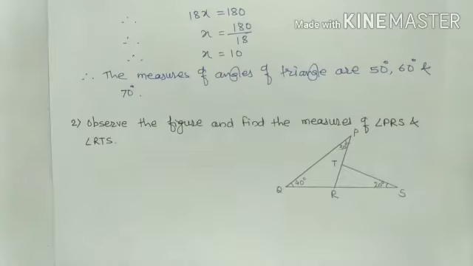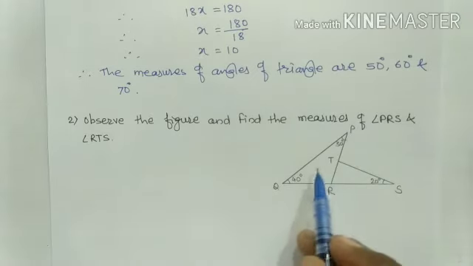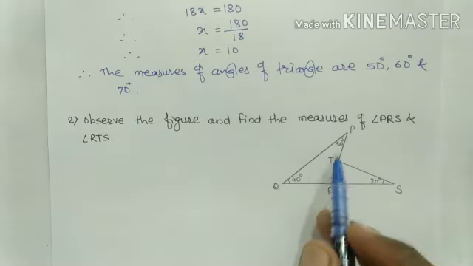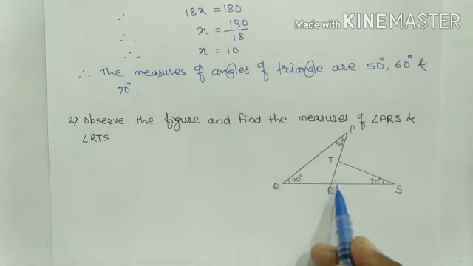Now the second example is: observe the figure and find the measures of angle PRS and angle RTS. Here in this figure some information, that is measures of some angles, are given, and by using this we have to find the measure of angle PRS and measure of angle RTS.